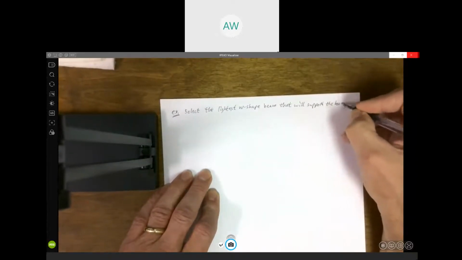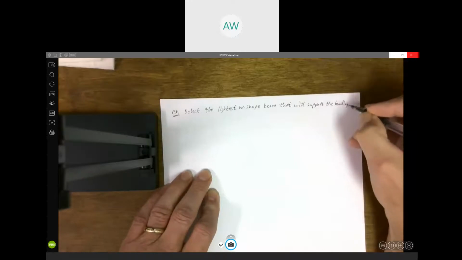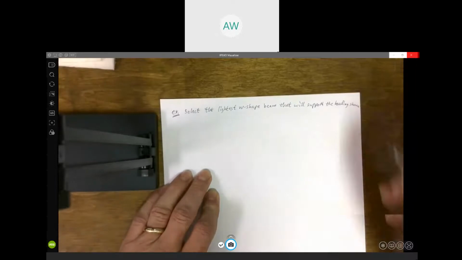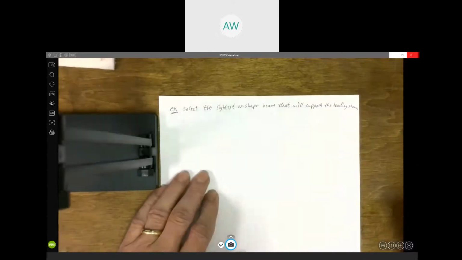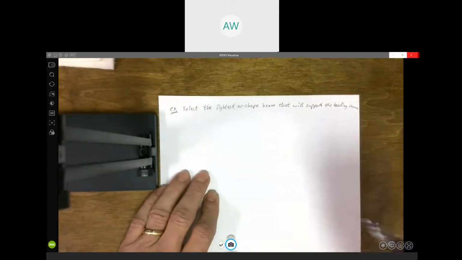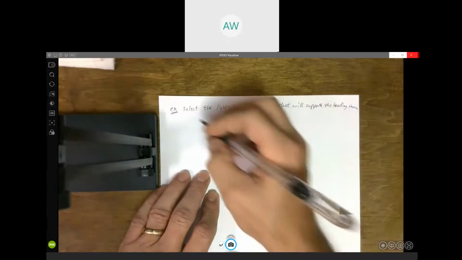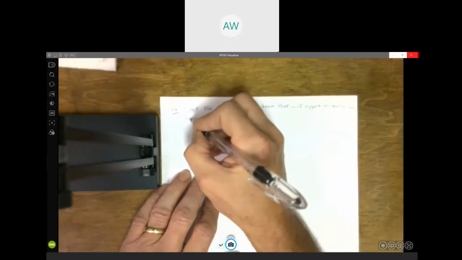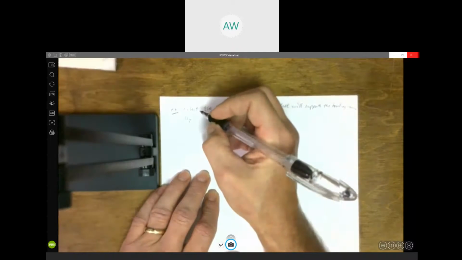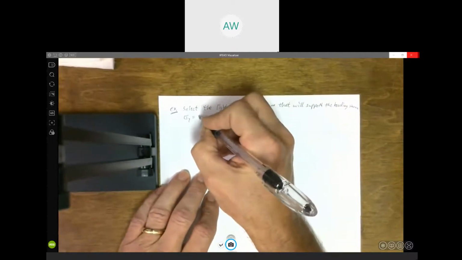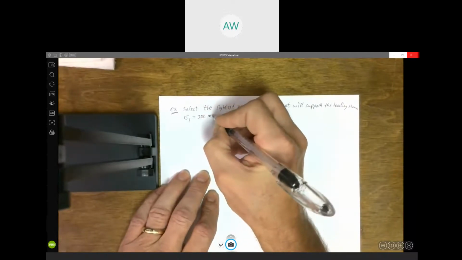Let's see, the loading shown. All right, so I'm going to draw a picture in a minute. We're going to have a beam with the loading on it, and we want to choose the lightest wide flange I-beam we can. We are told that whatever this material is, yield stress is 300 megapascals.